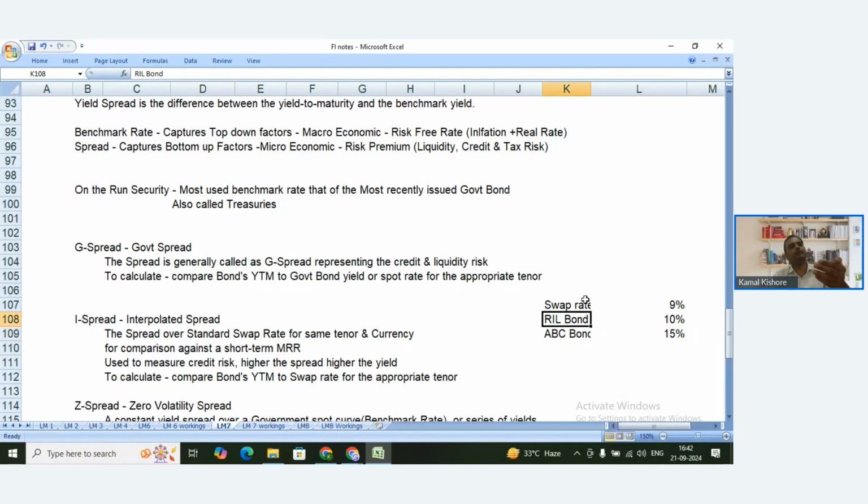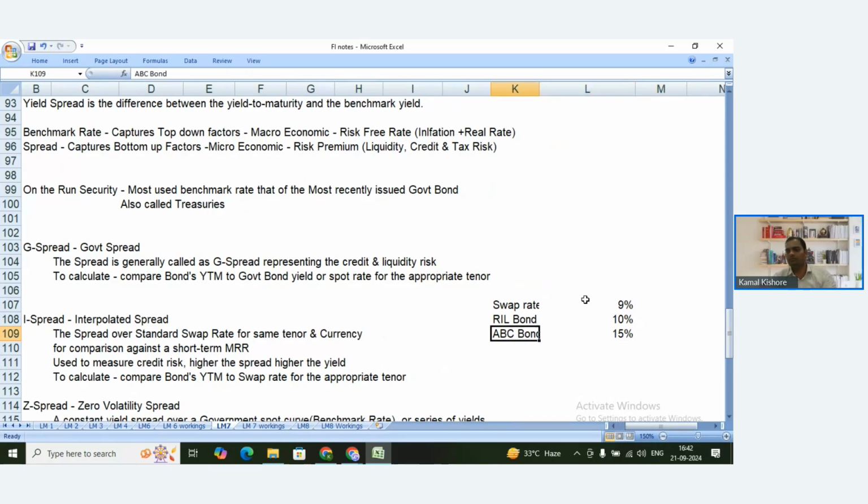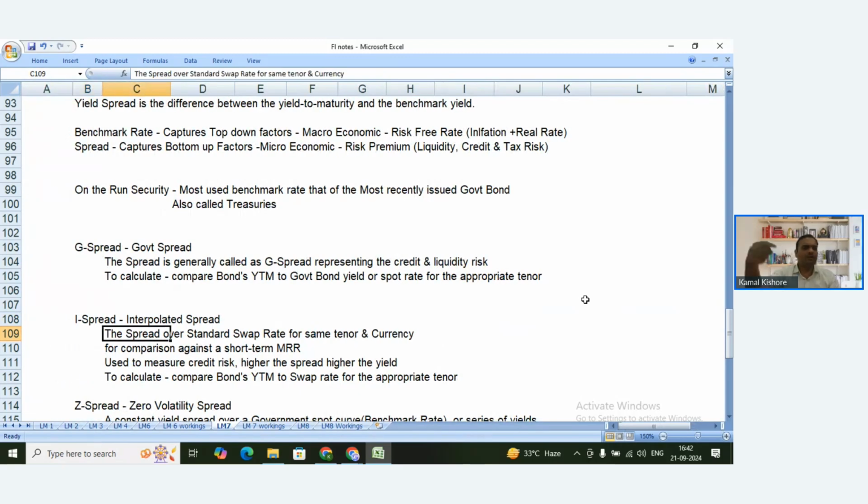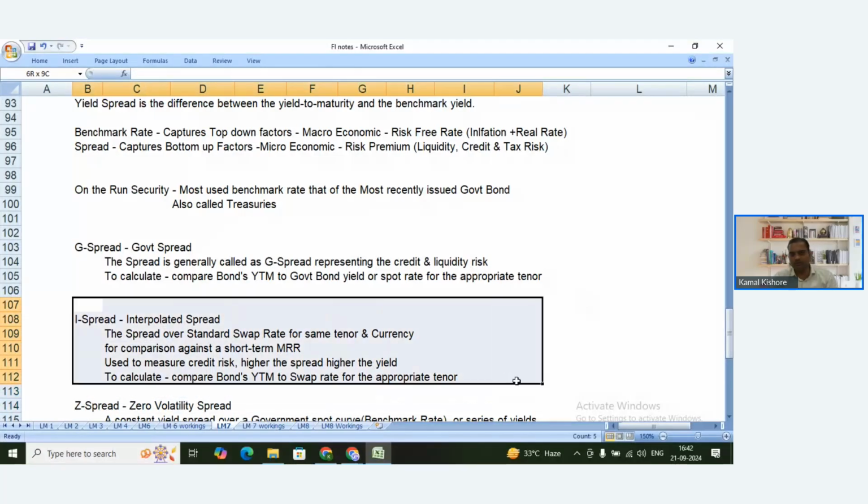Obviously, Reliance's credit risk is less, so the spread is less. This random company's credit risk is high, so the spread is high. Getting it? The swap rate is basically the interest rate swap for the same tenor and currency. Clear? So you can keep this Hyderabad dosa separately.